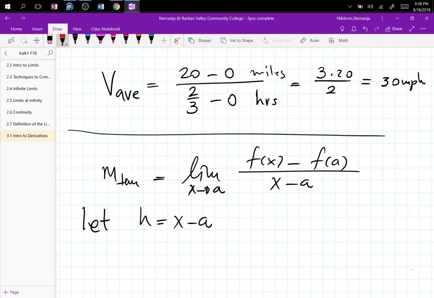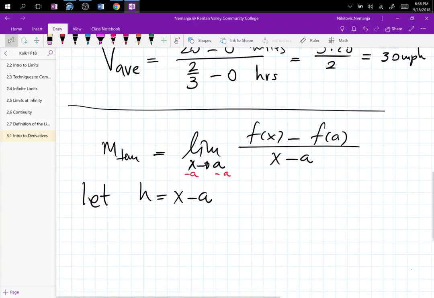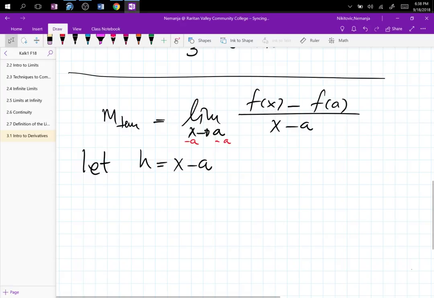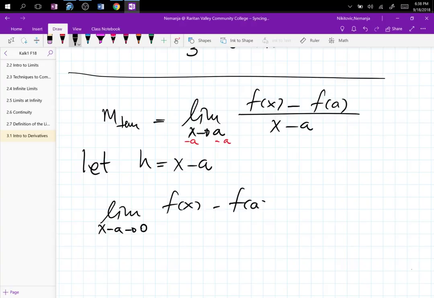You are going to subtract a on both sides here in the limit, and now we have the limit as x minus a goes to 0, because a minus a is 0, of f of x minus f of a divided by x minus a.